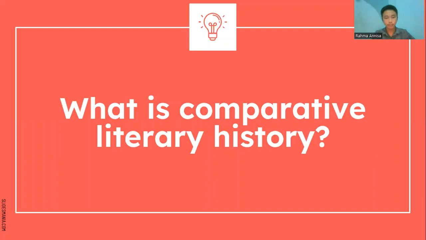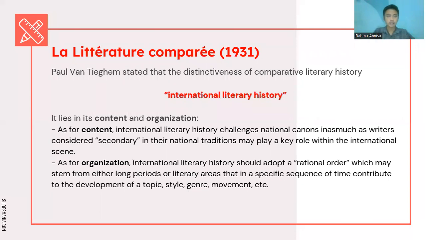So, what is comparative literary history? In La Littérature comparée, 1931, Paul van Tieghem stated that the distinctiveness of comparative literary history is international literary history. It lies in its content and organization.